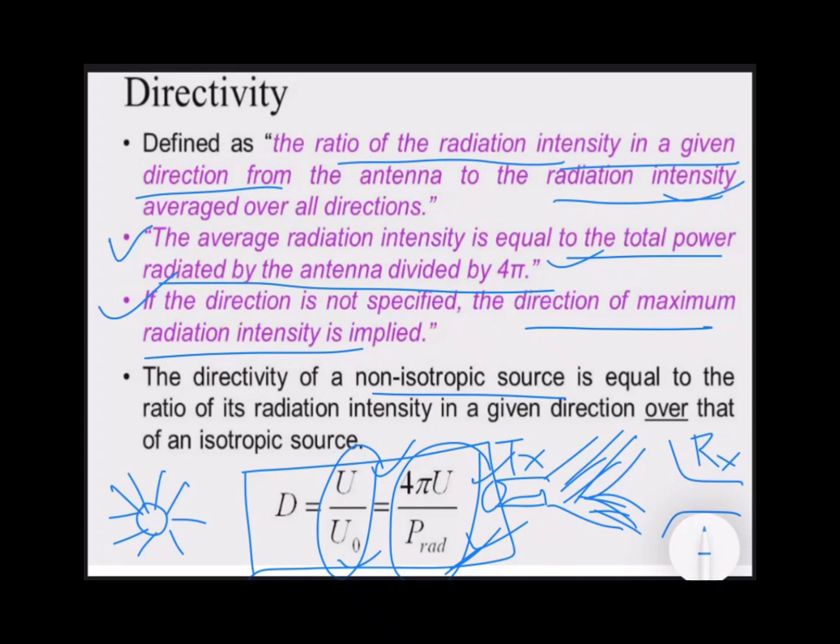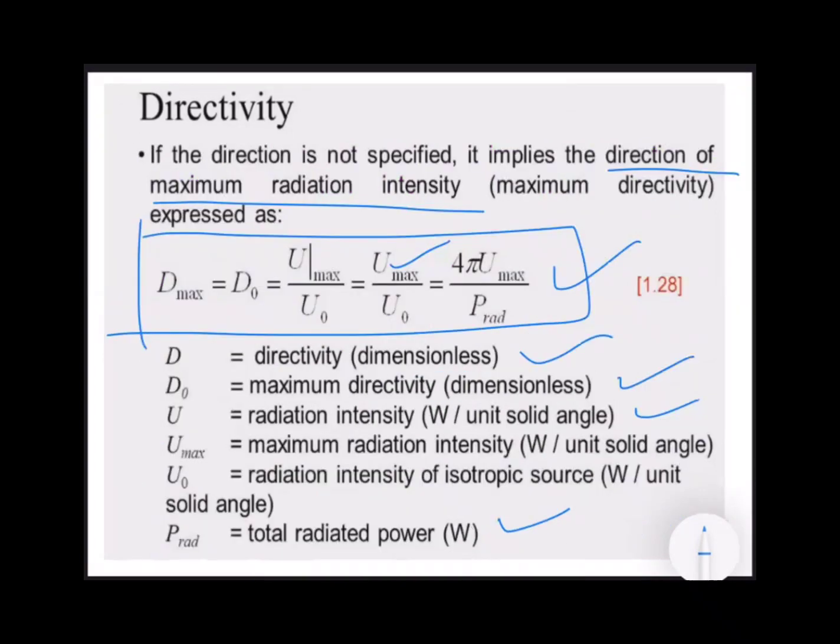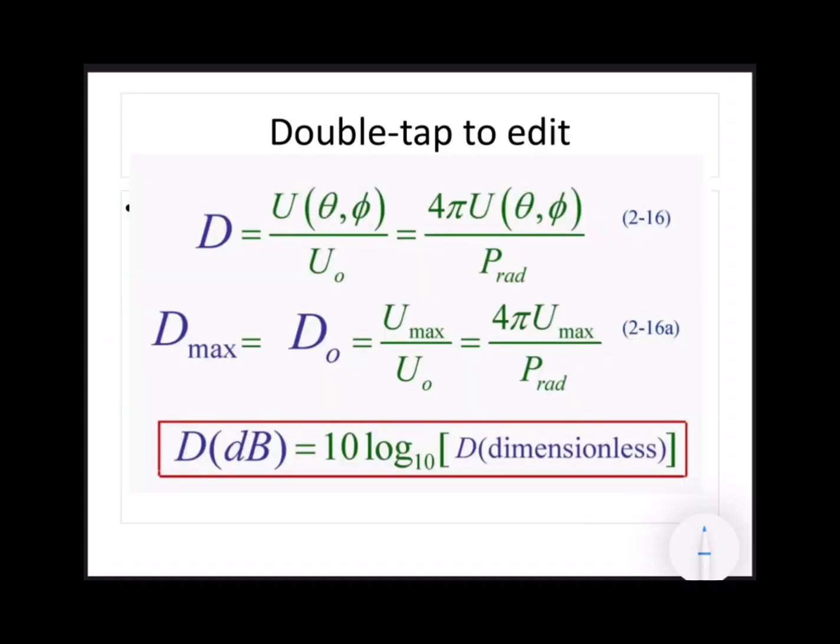The average radiation intensity is equal to the total power radiated by the antenna divided by 4 pi. So the formula to find the directivity of an antenna is D max is equal to U max by U naught, or it can be expressed as 4 pi into U max divided by power radiated if we are calculating in terms of power radiated.